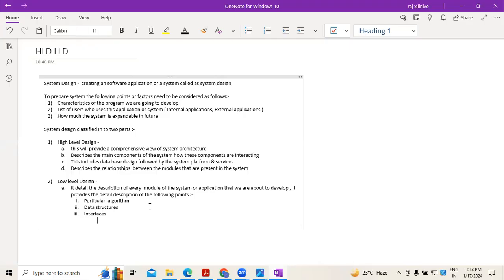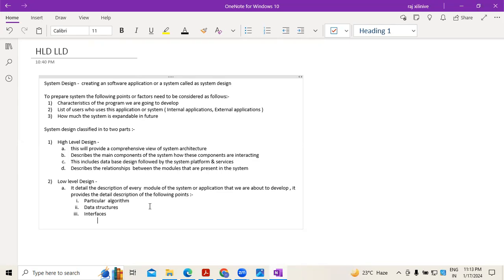So high level design will give us the high level view over the application, the kind of modules, as well as the kind of features which are involved in it, components, at the same time, comprehensive view over the system architecture, etc. But when it comes to the low level design, majorly focusing on the kind of modules we are developing and how these modules work internally.